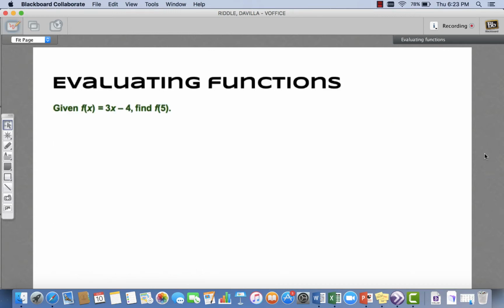So good. And then the last part of our sessions is actually evaluating functions. Okay, so if you're given the following formula, given f of x is equal to 3x minus 4, find f of 5.